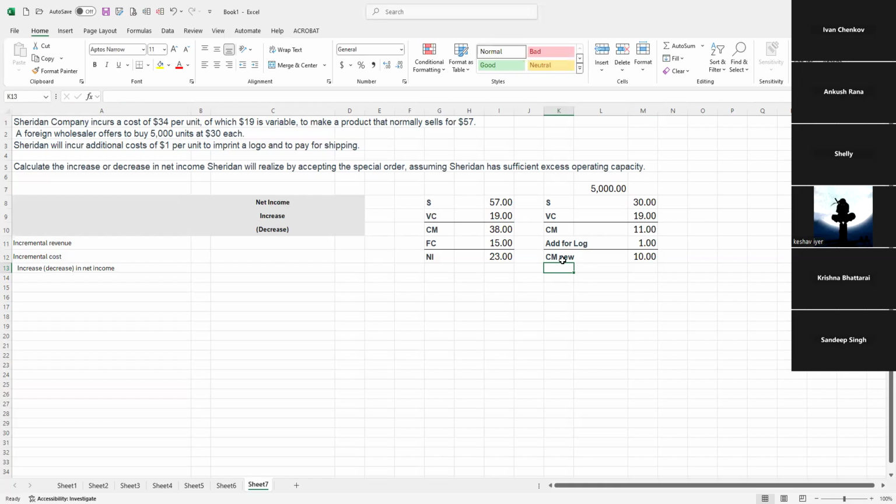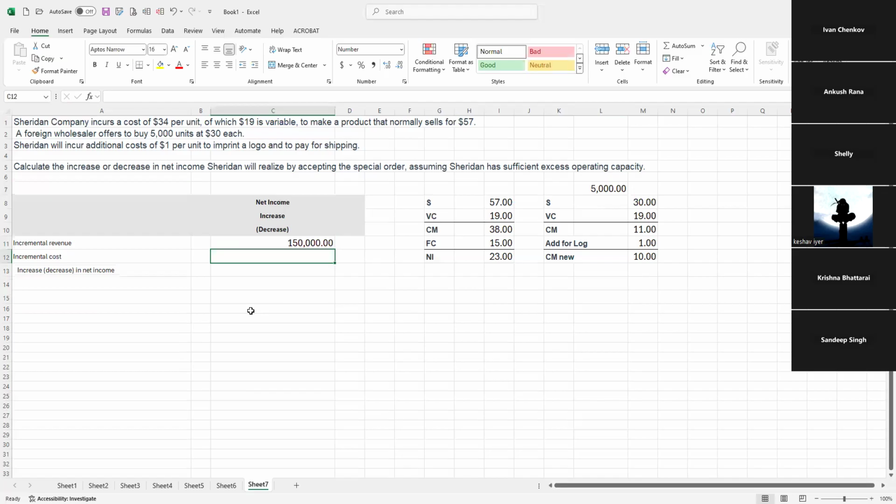Should I go for it? Yes. So let's see. If I'm selling 5,000, how much will be my additional revenue? 30 times 5,000 is 150,000. Let's make this one bigger so you can see it. How much will be my additional cost? 19 plus 1, right?